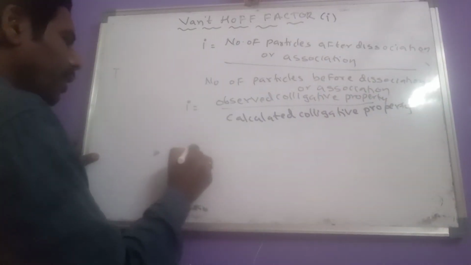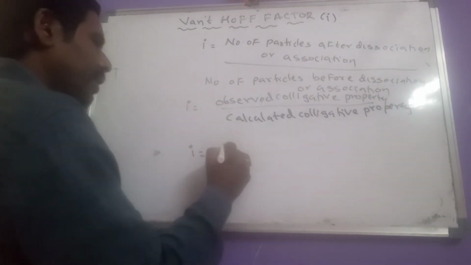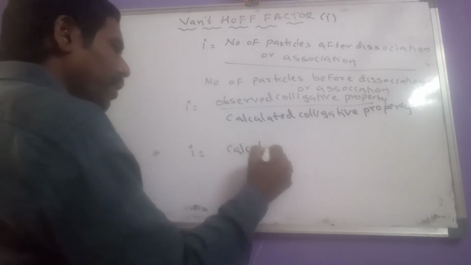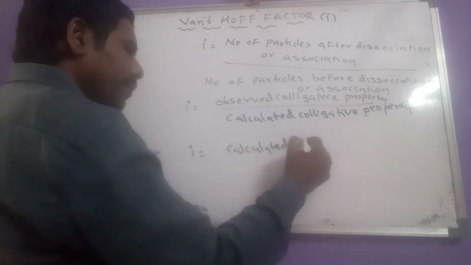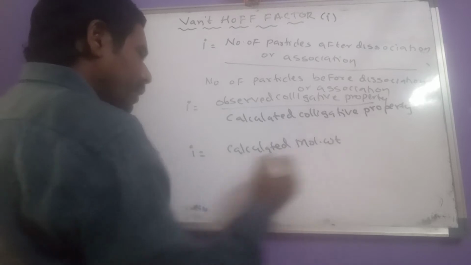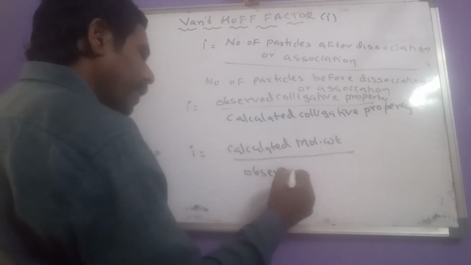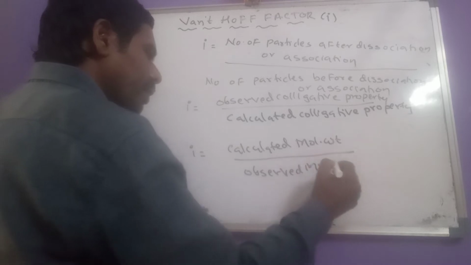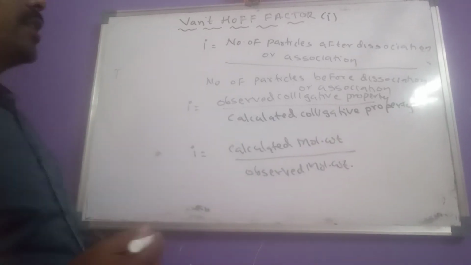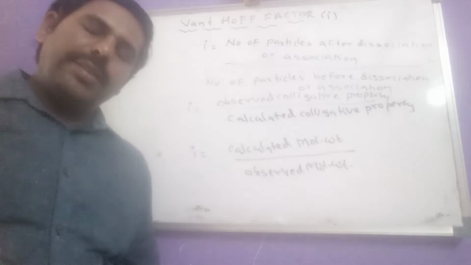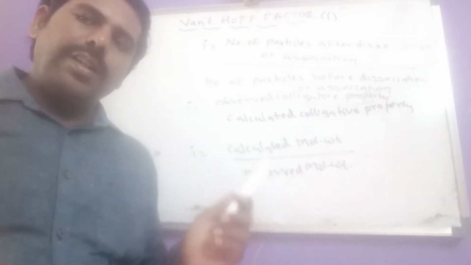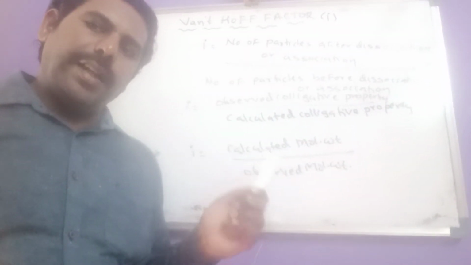Another formula also there. What is that? Calculated molecular weight divided by observed molecular weight. So these are the different formulas to calculate the van't Hoff factor i.